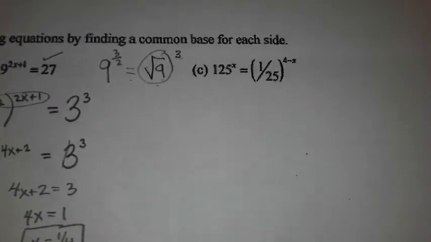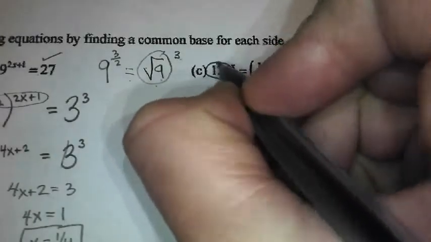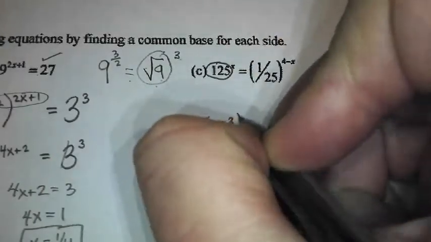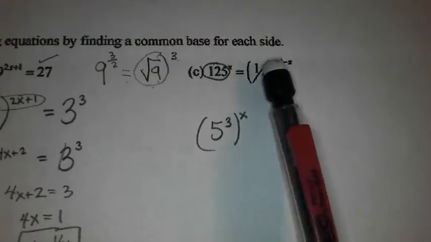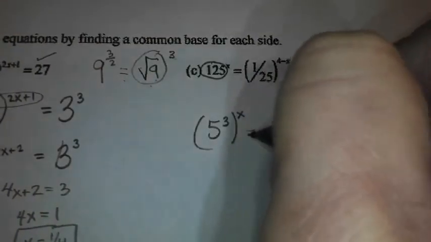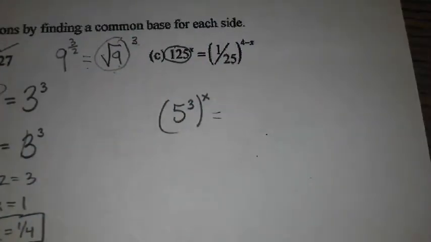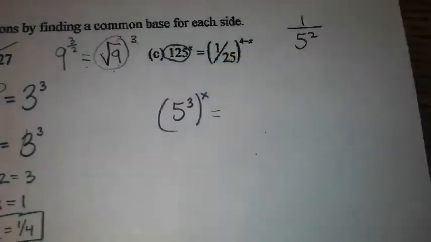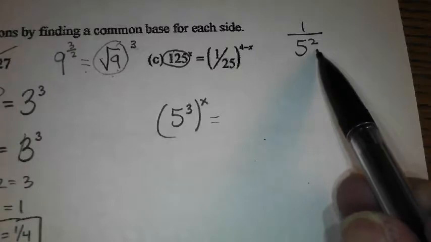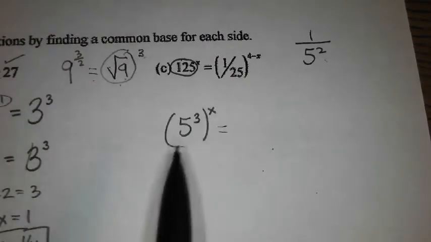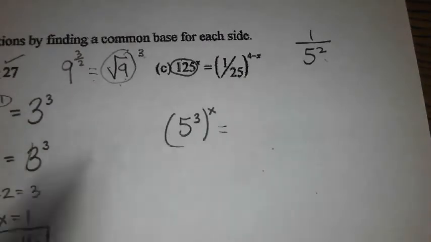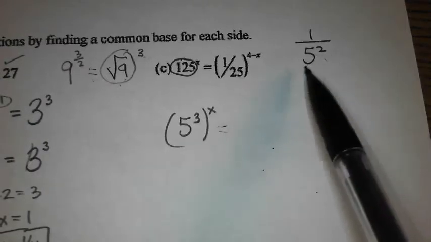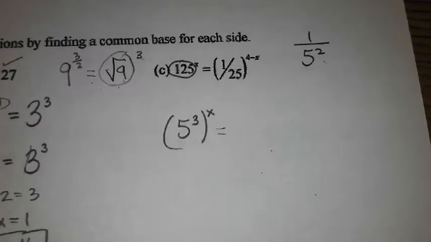And then in C, 125 is 5 cubed to the x power. What about this guy, 1/25? 25 is the same as 5 squared, so it's 1/5 squared. But we can't have one base in a denominator and the other in a numerator. So how do I bring this one up to the numerator? What is that going to do to my exponent?